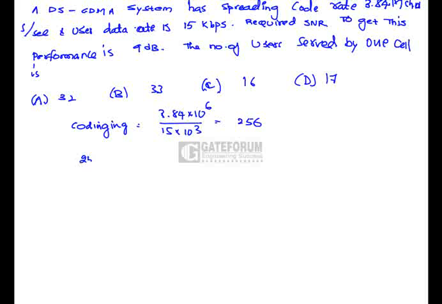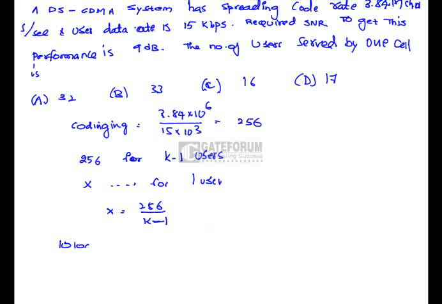That is 256 for k minus 1 users, that is x for 1 user, so x equals 256 divided by k minus 1.